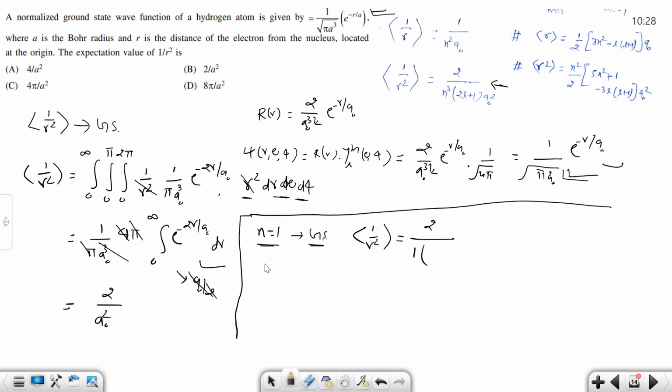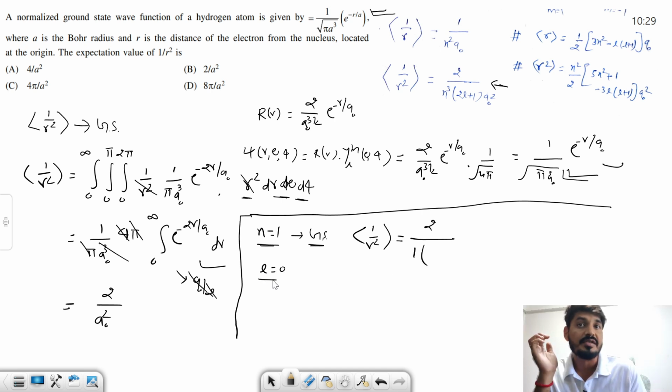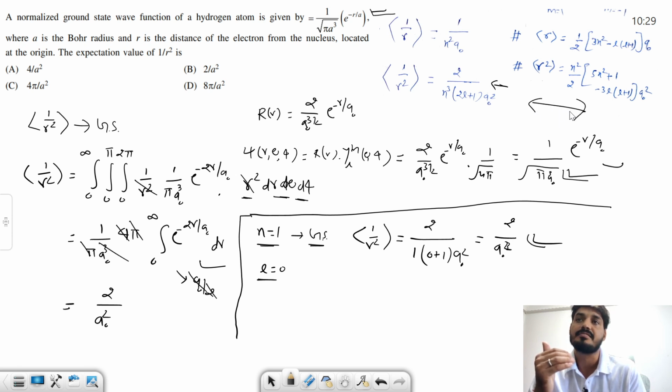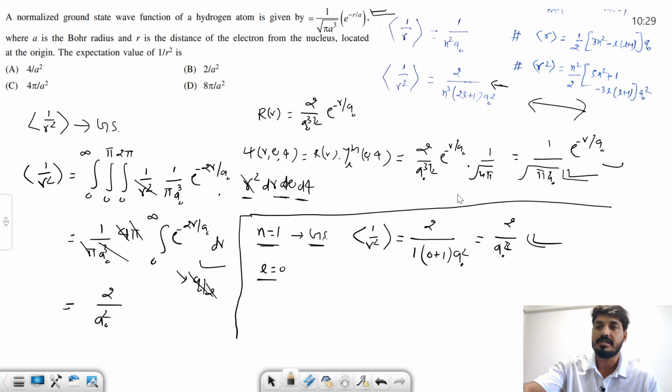And if n is equals to 1, what is the value of L? L is always 0. So you can put L is equals to 0 here. So this is 0 plus 1 a naught square. You see, this is simply 2 by a naught square. So how much time you can save by doing it directly, right? So I will suggest that for examination purpose, just directly remember these things, whatever I have written here: expectation value of 1 by r square, expectation value of r and r square. Fine. Okay, might be helpful for you.